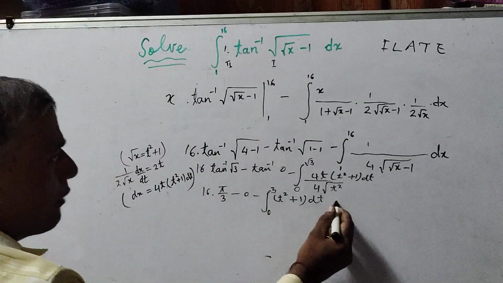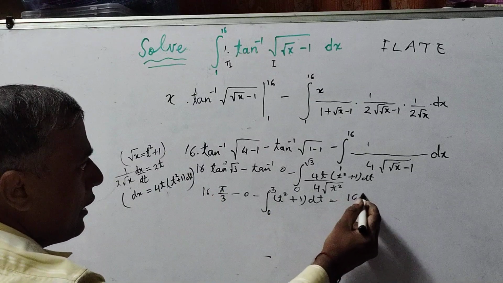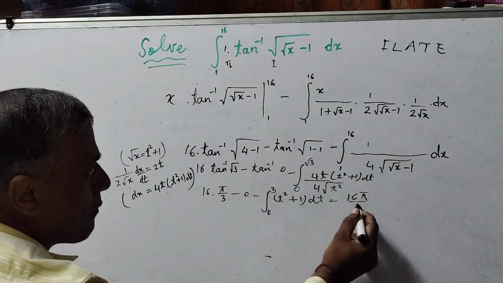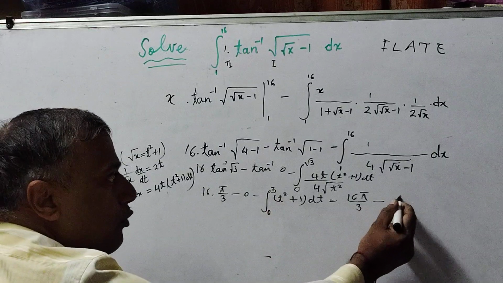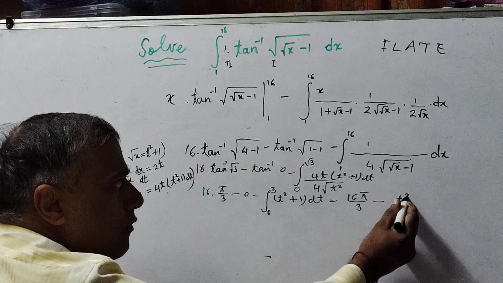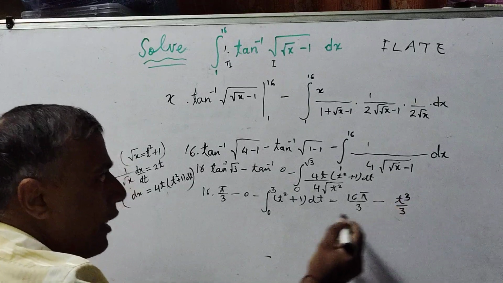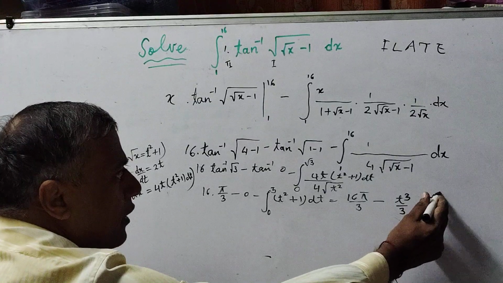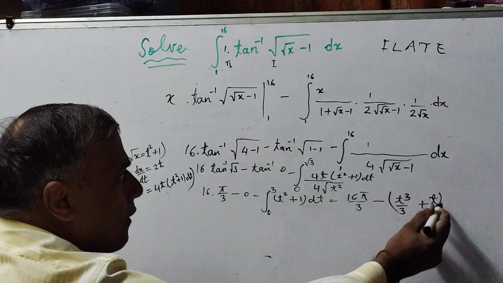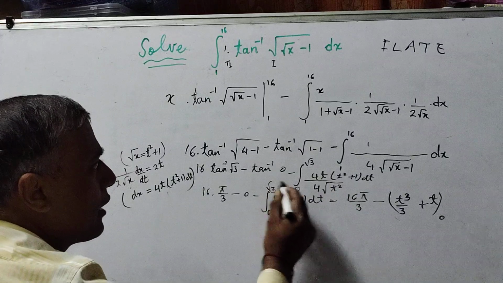So the first term is 16 pi by 3, minus the integral of t square, which is t cube by 3, and the integral of 1 is t, with limits 0 to square root 3.